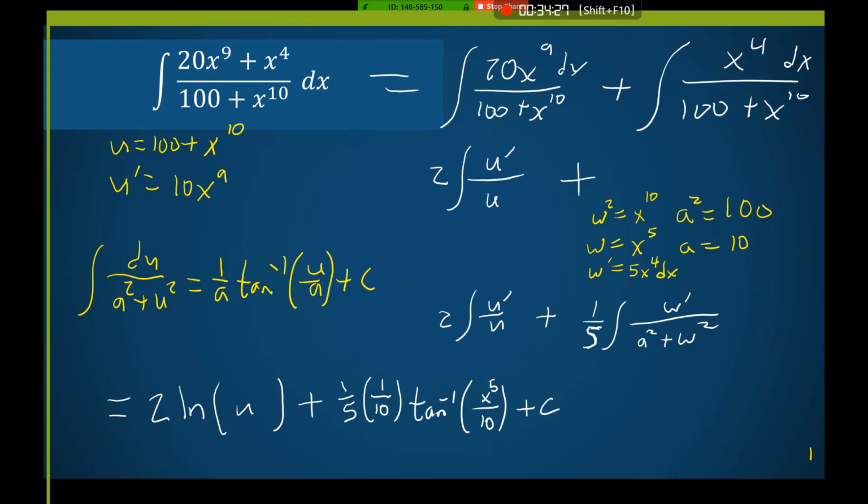So I think I'm actually going to leave this in general form for this step because I did for the left side. So you're right. But just for later reference, this is A, and W. Okay, so I'm going to substitute in, and then we've got our final answer. So my final answer will be 2 times the natural log of u, which was 100 plus x to the 10th power, plus 1/5 times 1/10 is 1 over 50.